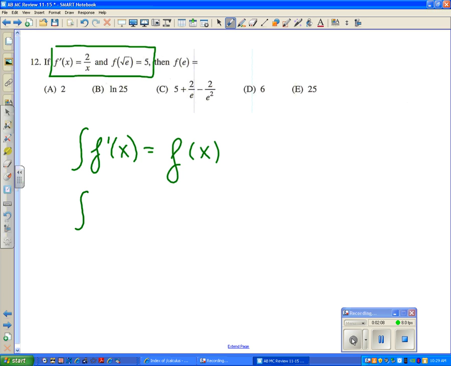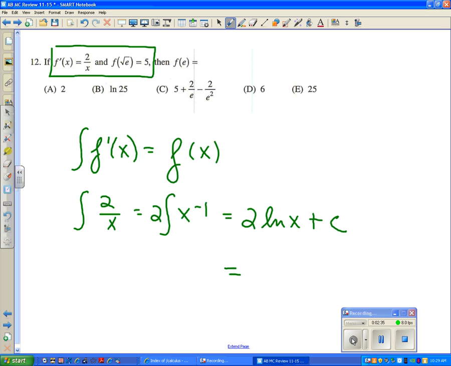So in this case, we've got the integral of 2 over x, which is the integral of 2 times x to the minus 1, or 1 over x, which is equal to 2 natural log x plus c. Now we've got a condition that tells us that if we put radical e in, we're supposed to get 5 out.